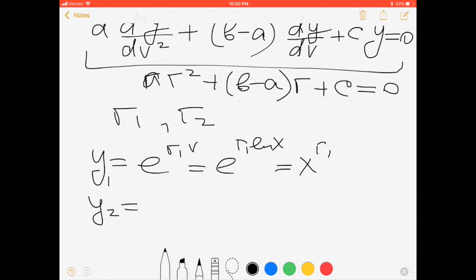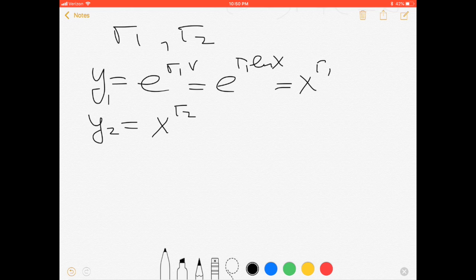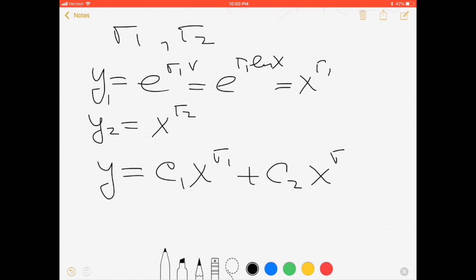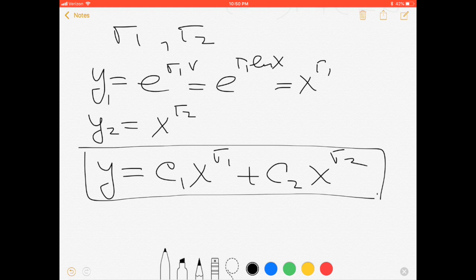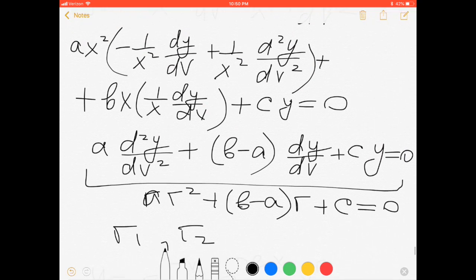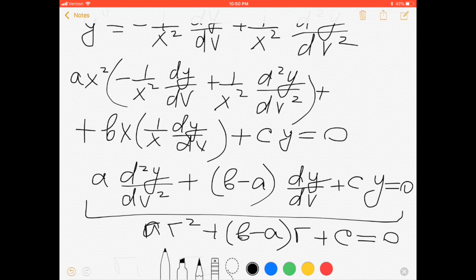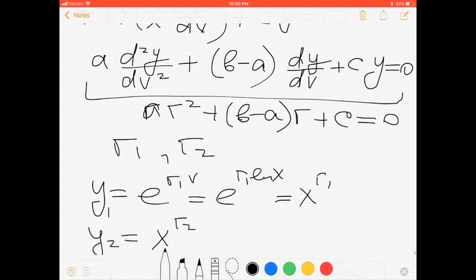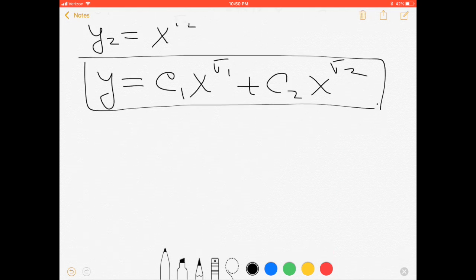And similarly we have x to the power r2. This means the general solution here will be c1 x to the r1 power plus c2 x to the r2 power. Great. Okay, what do we need to remember about all of this? We need to remember the characteristic equation, how we can rewrite it, and the final answer.